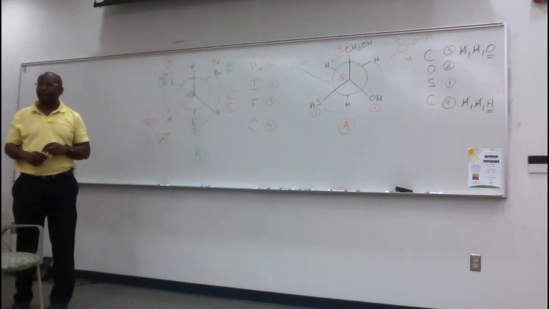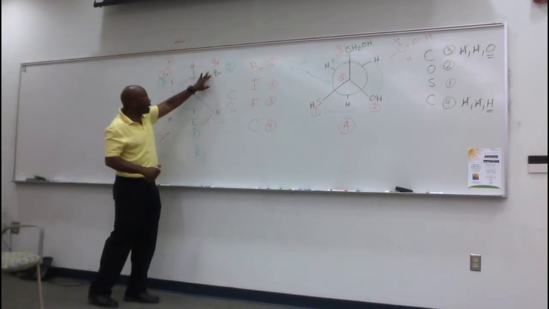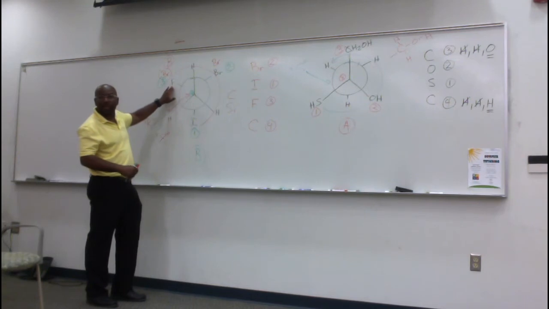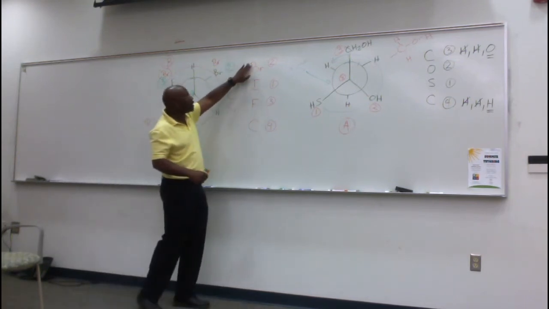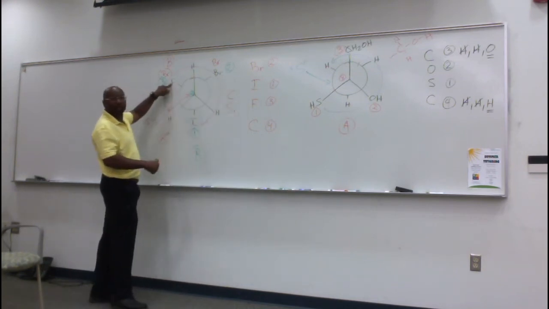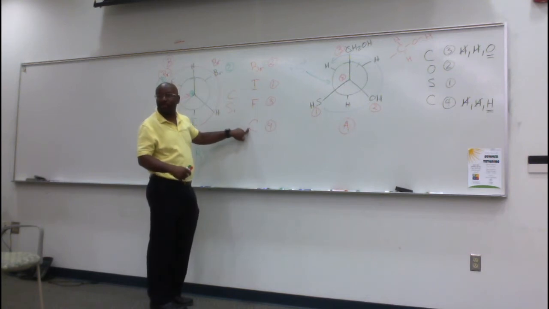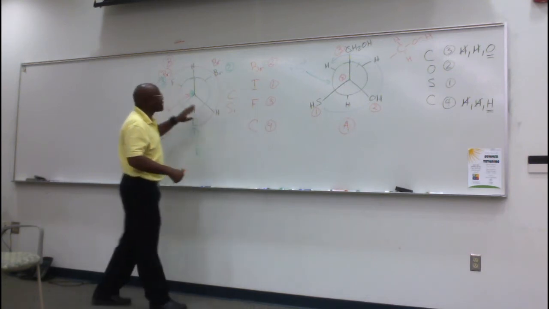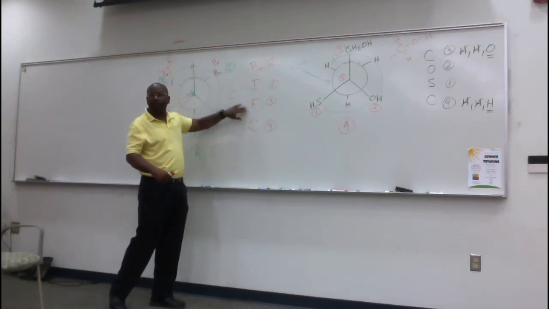Group number 4 is carbon. We assign the groups: bromine, iodine, fluorine going clockwise, and the last group is carbon. I'm assigning by atomic number: bromine is 2, iodine is 1, fluorine is 3.